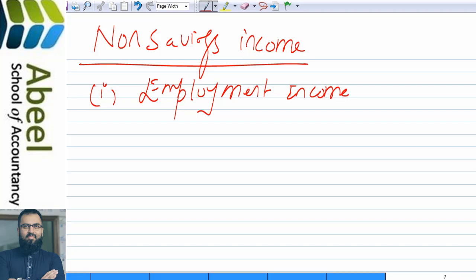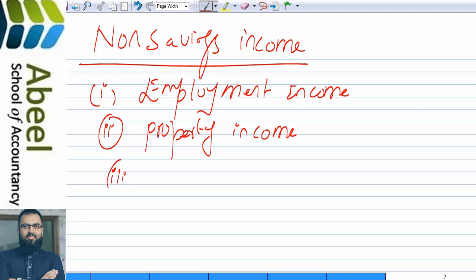So for non-saving income, the first example is employment income. Another example is property income, which also falls in non-saving income. Third, sole tradership. If you are running your own business, whatever profit you earn is also non-saving income.